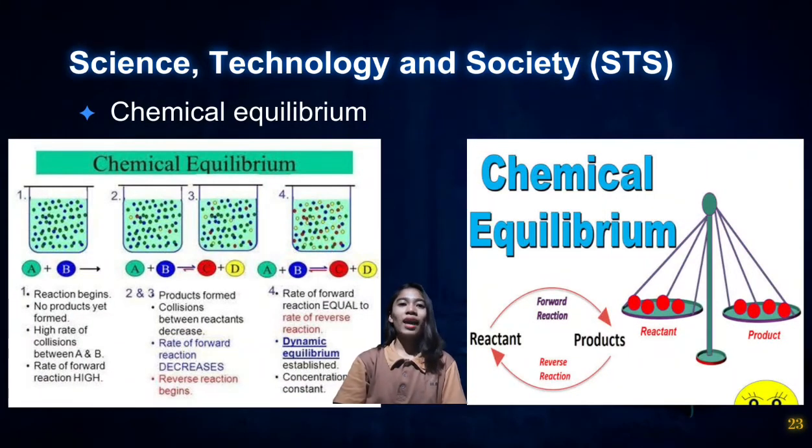Example: chemical equilibrium, one of the materials learned by grade 6 students, is a concept that needs to be studied in a definite, concrete way that requires understanding of macroscopic, submicroscopic, symbolic phenomena, and the connectedness of all levels. So that is how the science, technology, and society is a very important method in teaching, especially science.